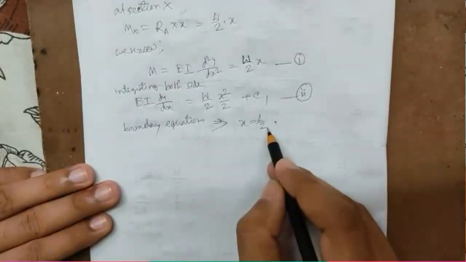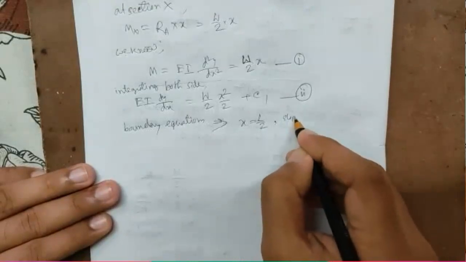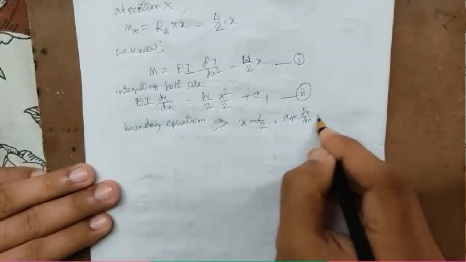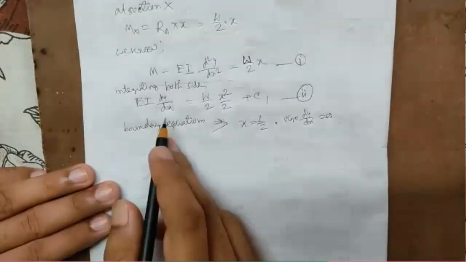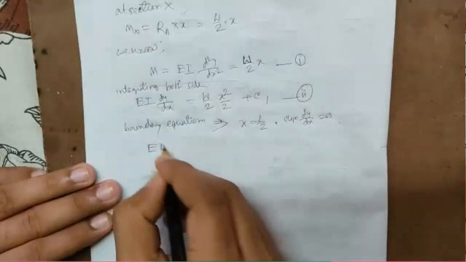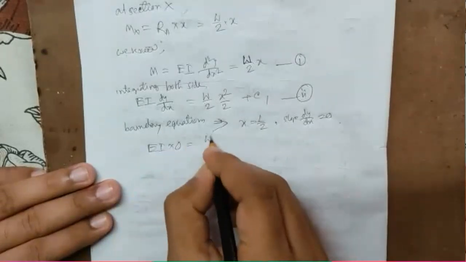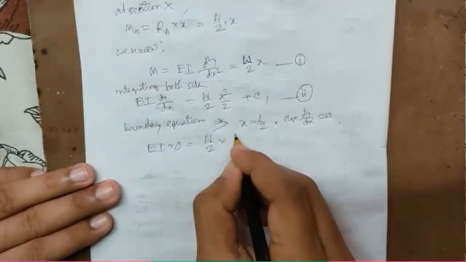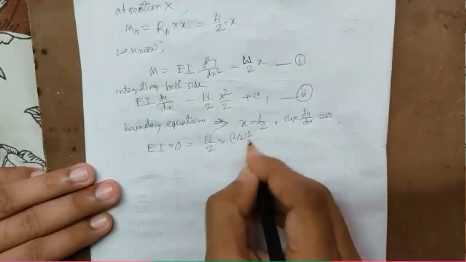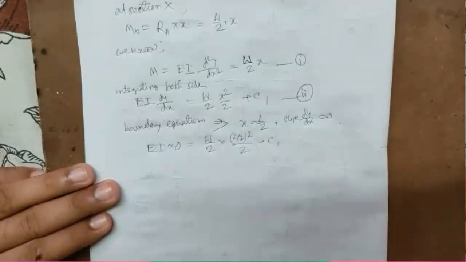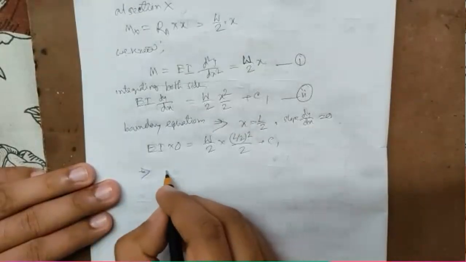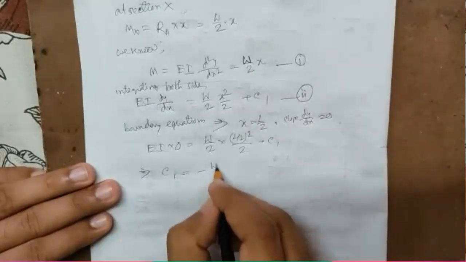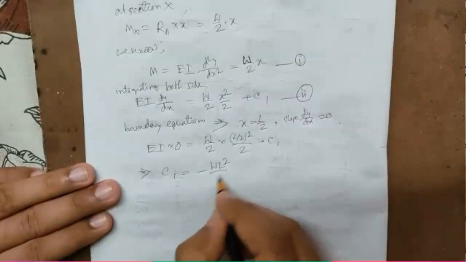So at x equal to L by 2, slope dy dx will be equal to 0. If we put that in here, EI into 0 will be equal to W by 2 into, in place of x we put L by 2, plus C1. So finally we will get C1 is equal to minus WL square by 16.